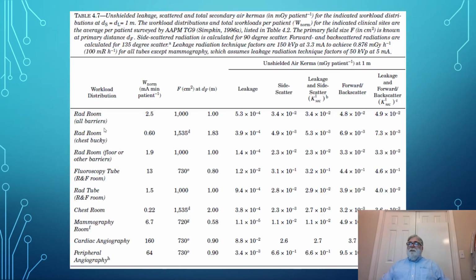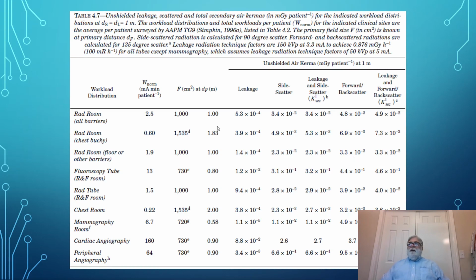Okay, here's table 4.7. So you can see that for different kinds of rooms, they tell you the most important thing: the leakage is calculated for those rooms. The scatter is calculated for those rooms. These are lateral, 90-degree angle. And then the sum is presented here.